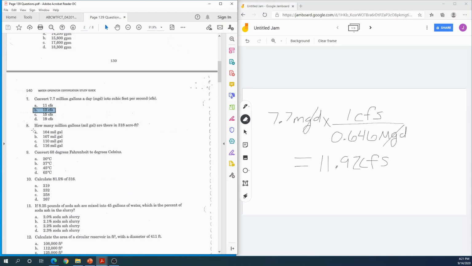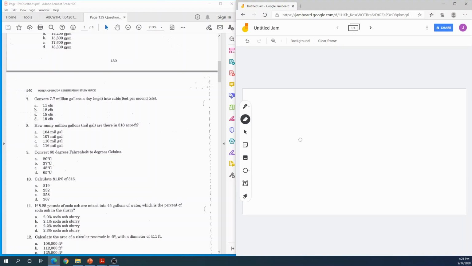Let's look at number 8. How many million gallons are there in 318 acre feet? So we start with 318 acre feet, and we want to go to million gallons.